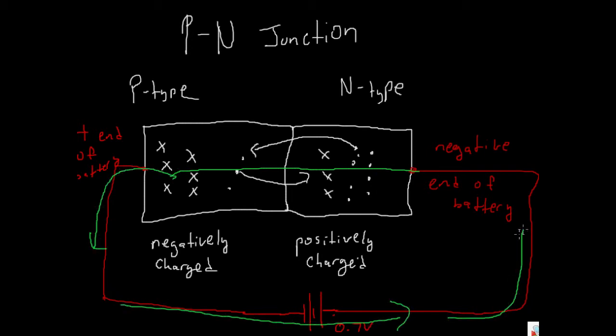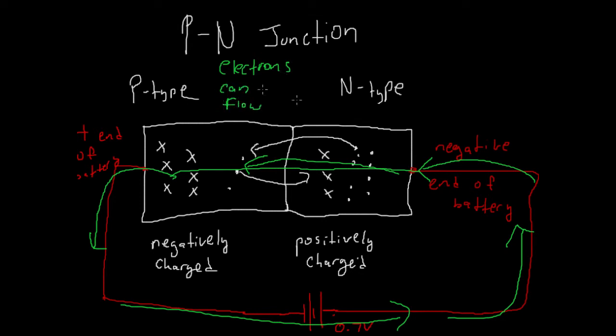Those electrons have a slightly uphill battle to go from the N-type material to the P-type material because of the charge imbalance between the N and P-type materials. If they have enough energy, exactly 0.7 volts, then they'll start flowing. Otherwise, no current will flow. This is called forward bias.